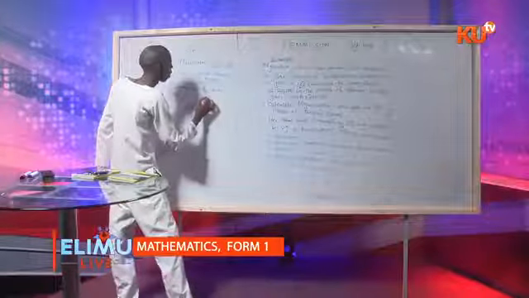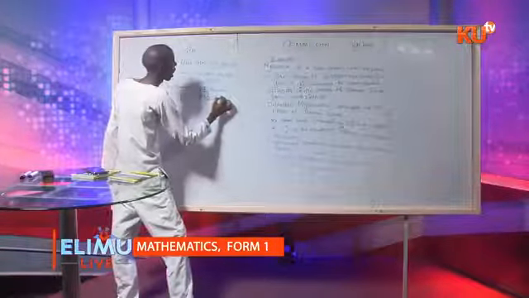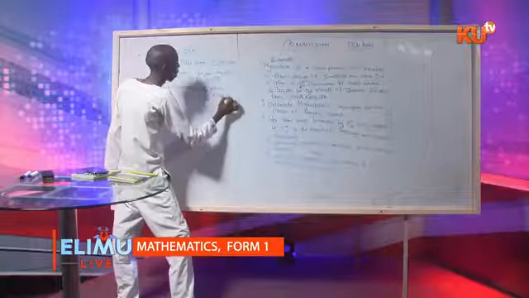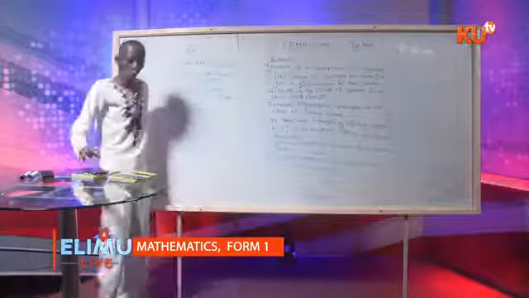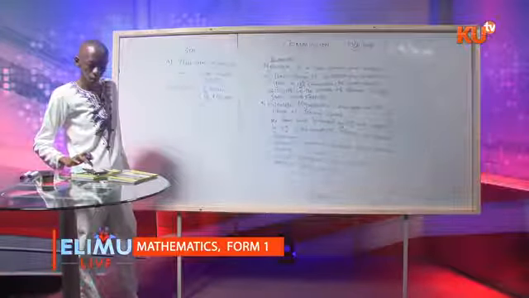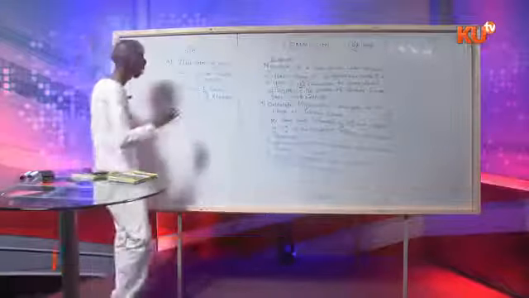So 12% multiplied by 180,000, and we'll get the commission. So the commission that she receives is 21,600 shillings. I hope that is well understood. You have your 3 good marks.